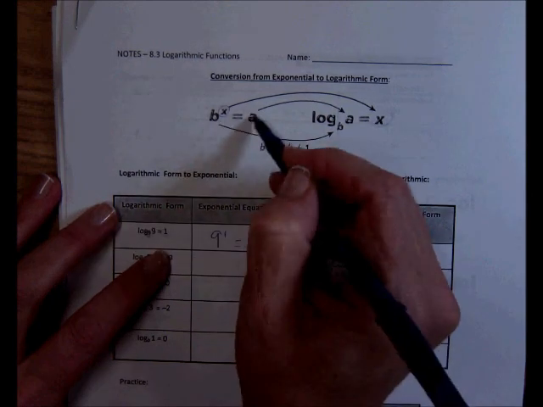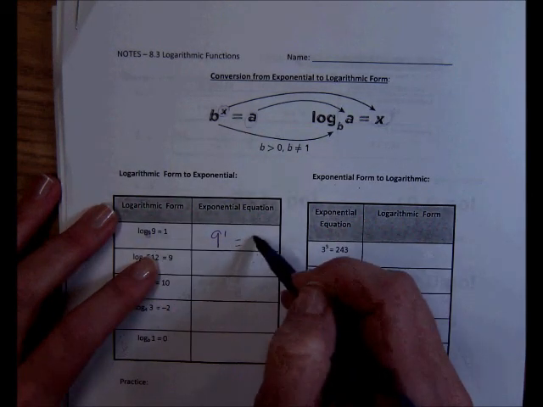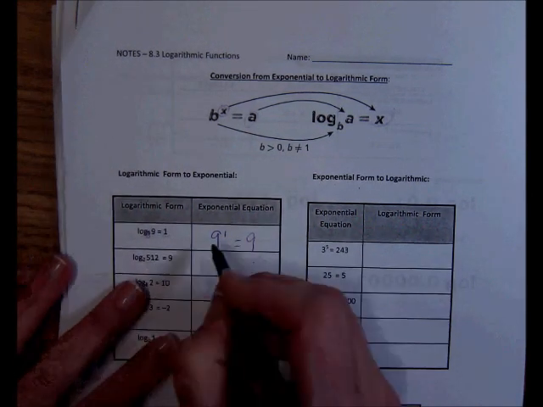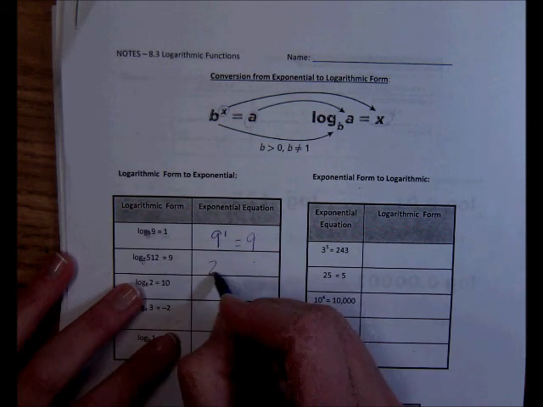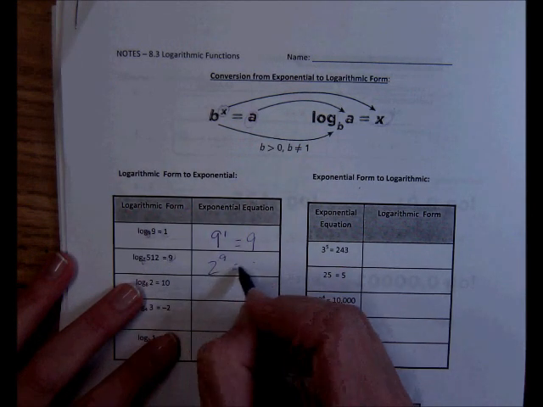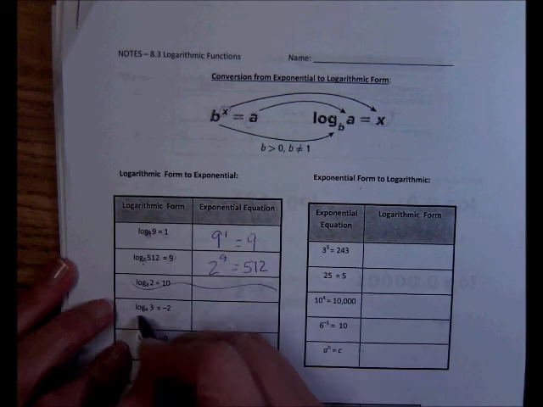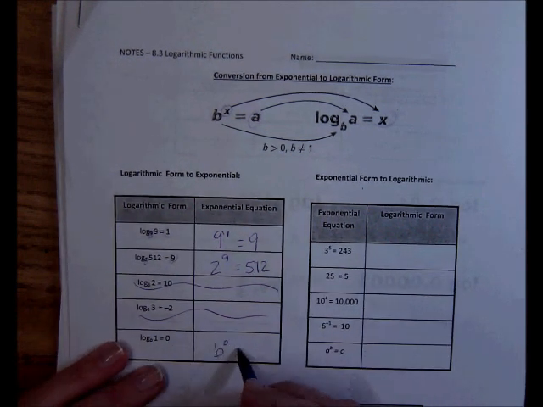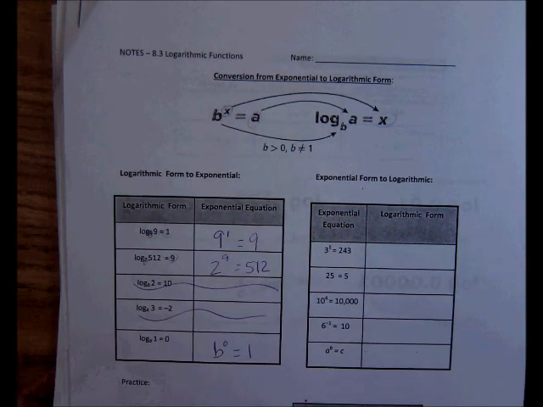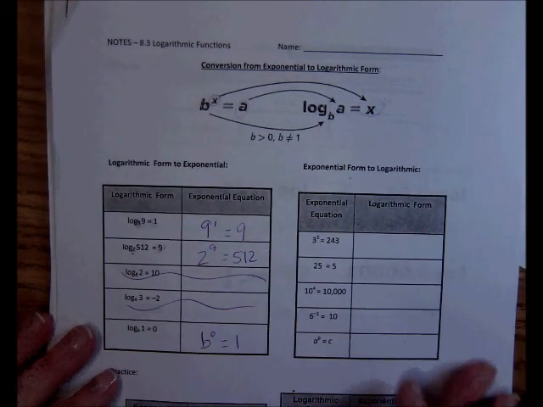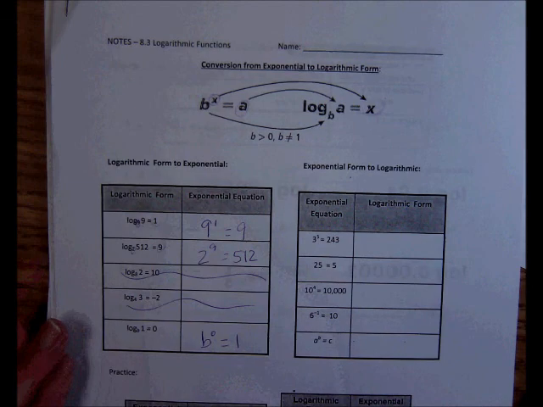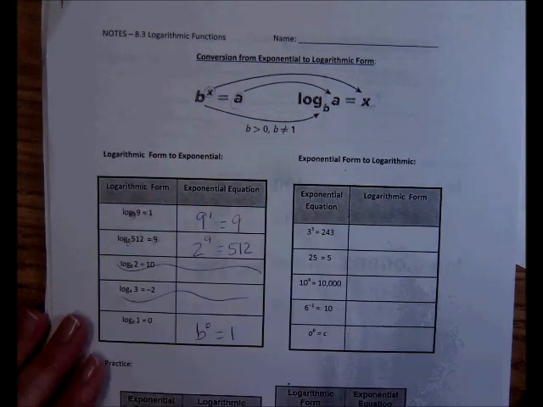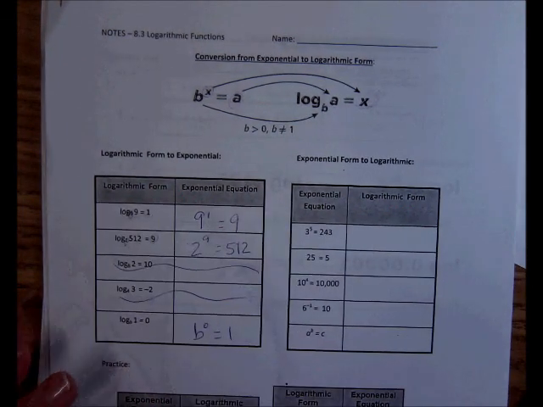And then my answer is 9. So I keep on going. 2 is my base to the 9th power is equal to 512. And down here, b to the 0 power, as we learned, anything to the 0 power is 1. So that's writing an exponential equation from a logarithmic form.